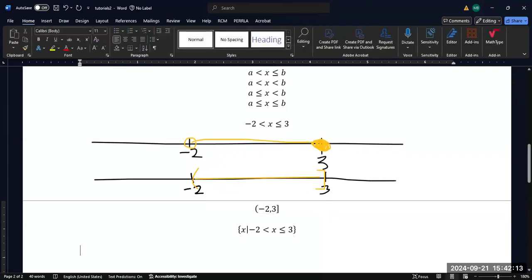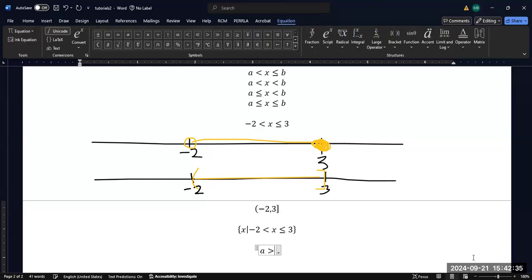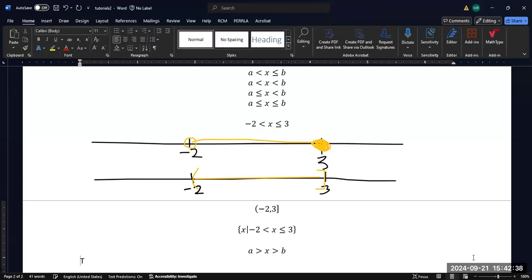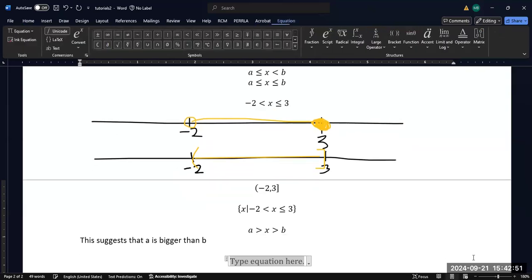Now, one thing to keep in mind is that it is possible to have an inequality where the inequalities are pointing the other direction, but that's not standard form. If they're pointing in the other direction, that's indicating that A is bigger than B. So if you have A greater than x greater than B, this suggests that A is bigger than B. And again, this would be the reverse of how they would appear on the number line.